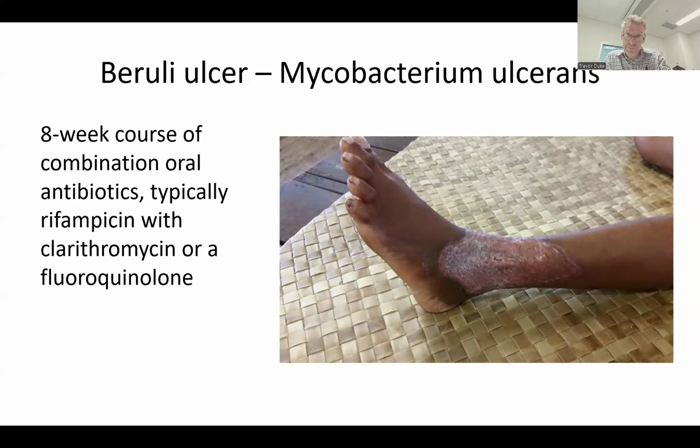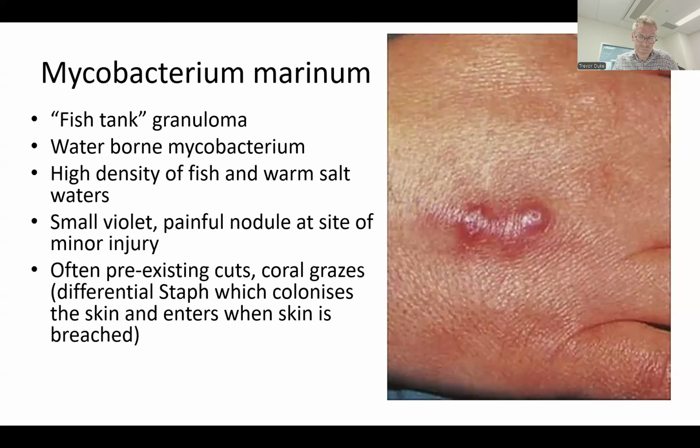Rifampicin, which we know treats mycobacterial infection, clarithromycin, which is sometimes used for MDR TB, and fluoroquinolones. A combination of those 3 antibiotics for 6 weeks usually treats it. Sometimes ulcers need resection and a skin graft, but typically antibiotics will clear it up.